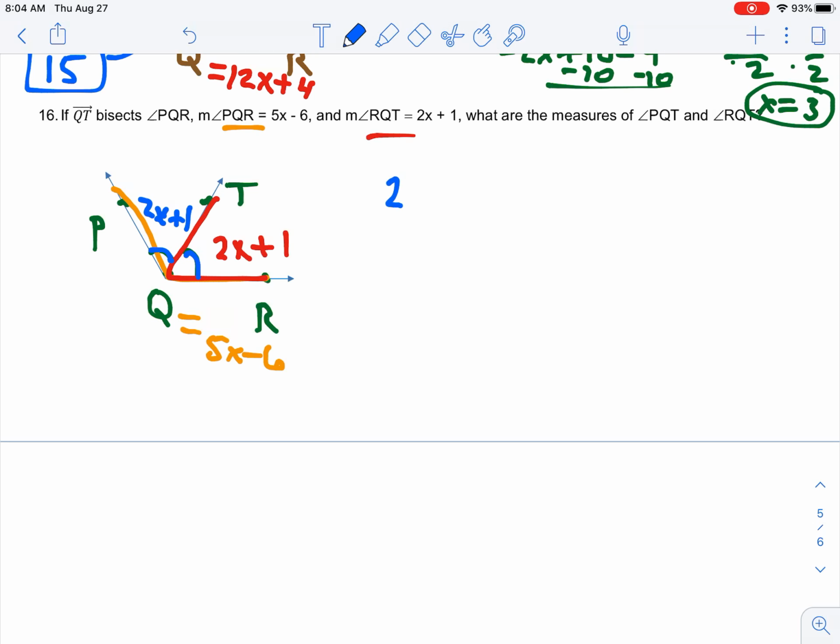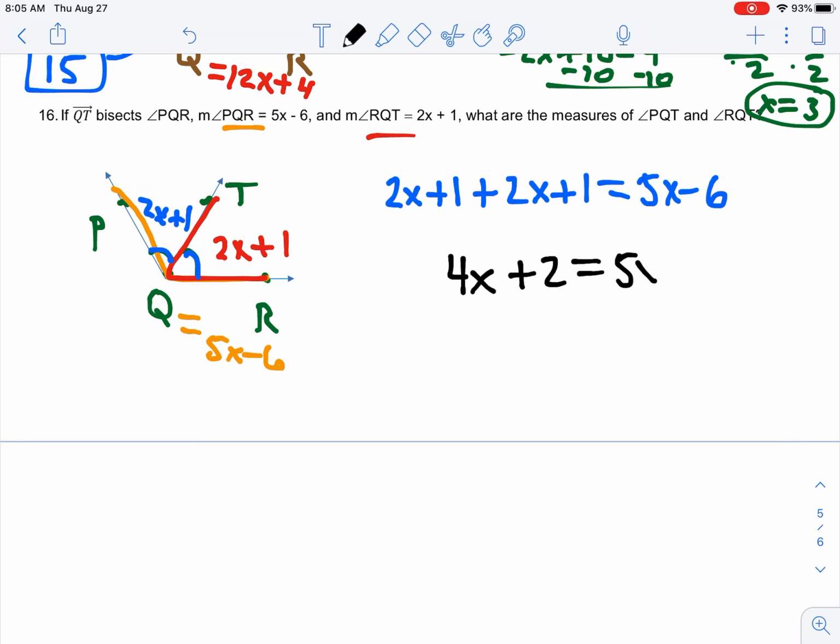And now we can take angle 1, 2x plus 1, plus angle 2, 2x plus 1, equals the whole big angle. Well, combine like terms and clean it up before we solve. So 2x plus 2x is 4x. 1 plus 1 is 2, and that should be equal to 5x minus 6.